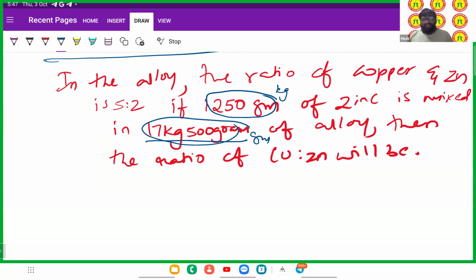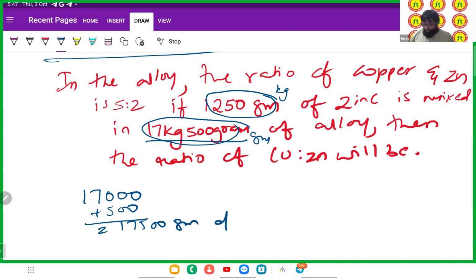My suggestion is to go with grams. So first I will convert 17 kg, which means 17,000 grams, plus 500, which would be equal to 17,500 grams of alloy.